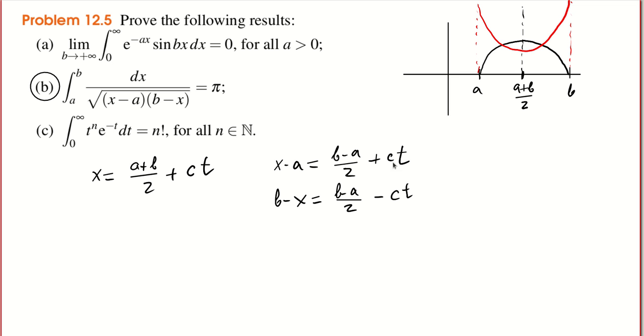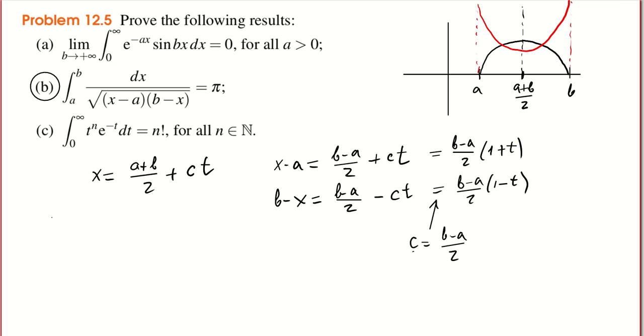Okay, if you see these two expressions, we can conclude that a nice and appropriate choice for c would be (b minus a) divided by 2, because if we do this, we have exactly the same factor here and here, and we can take it out as a common factor. 1 plus t, sorry, and here we have (b minus a) over 2 times (1 minus t). Okay, so this is the factor that we're going to use for c, right?